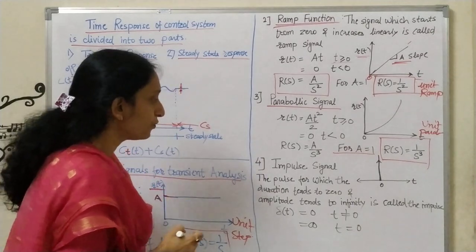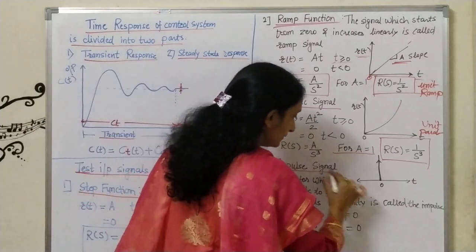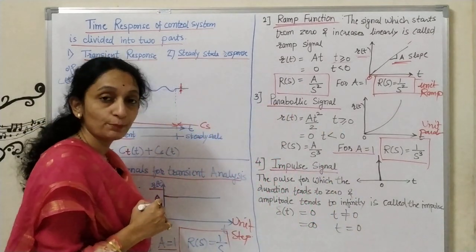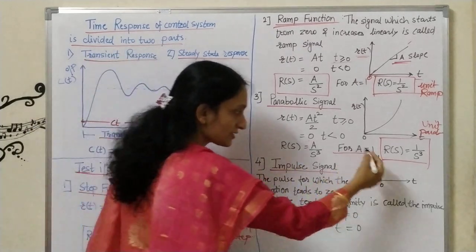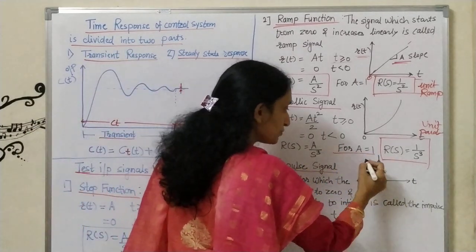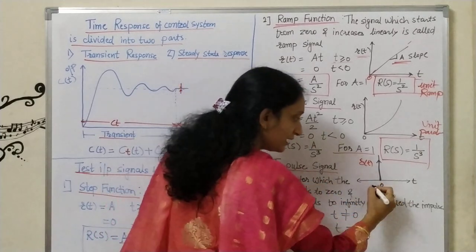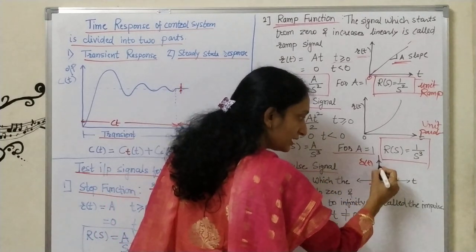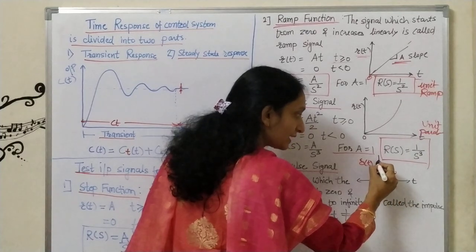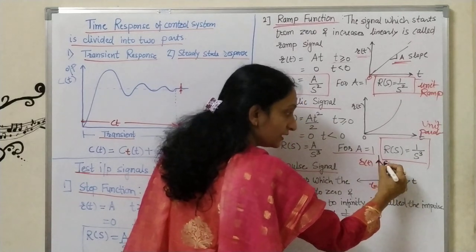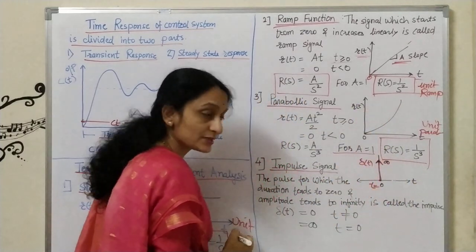Now the fourth one is the impulse signal. So what is that impulse signal? You can check this is the response. I am showing this with delta t. Why am I showing this with delta t? Because at t is equal to 0, we are getting delta t as infinity. It is increasing continuously.